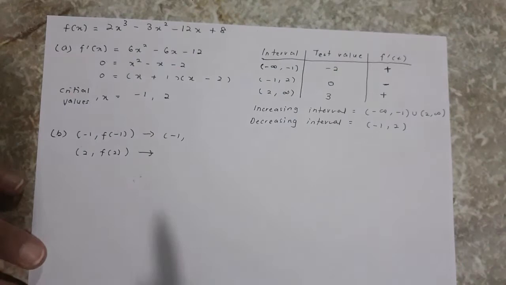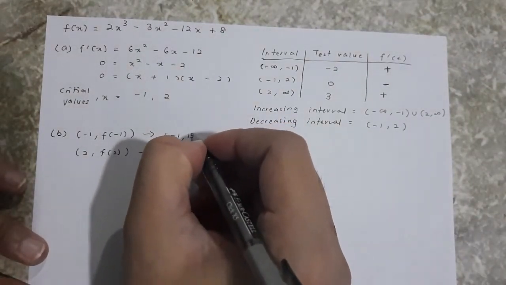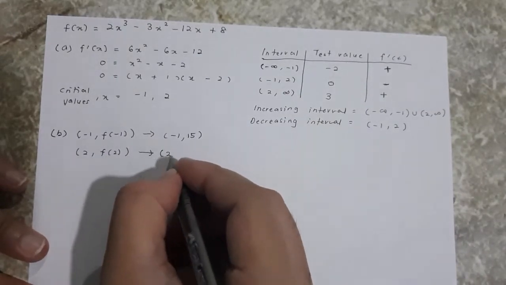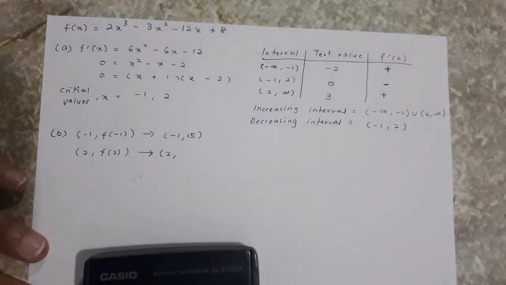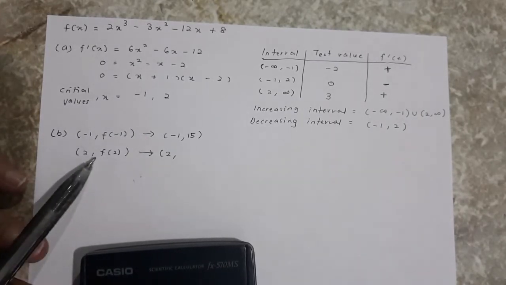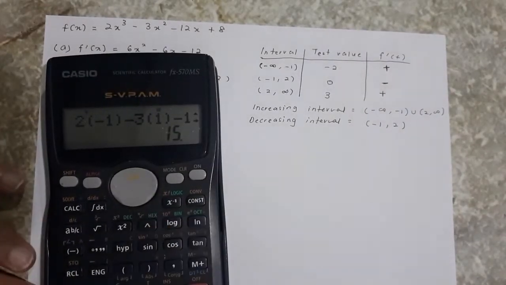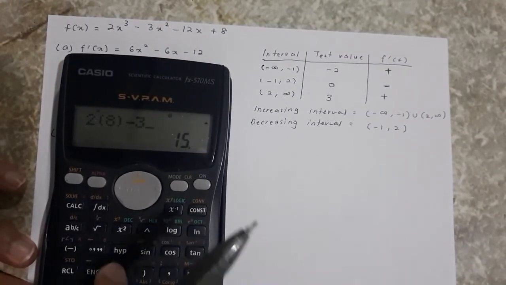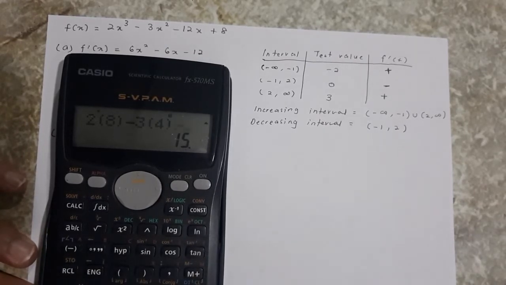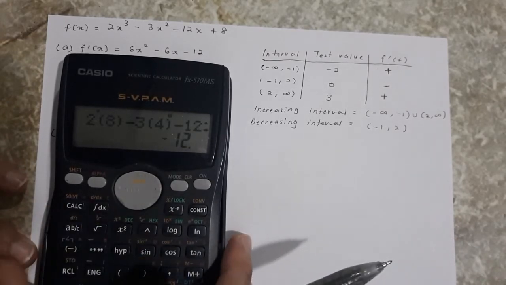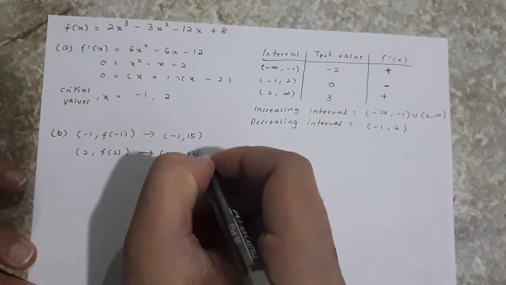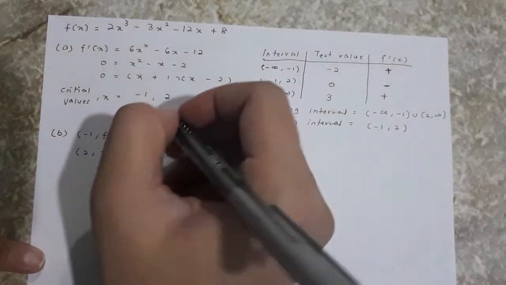15 is the y coordinate of the critical point. Second critical point. Substitute 2 into the original function. 2 power 3, 8. 2 square, 4. And we get -12. -12 is the y coordinate of the second critical point.